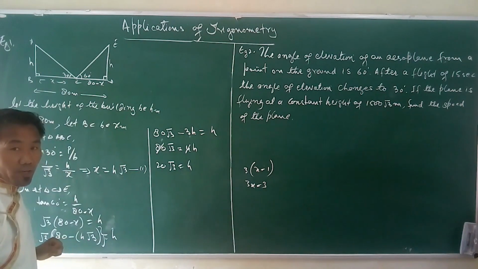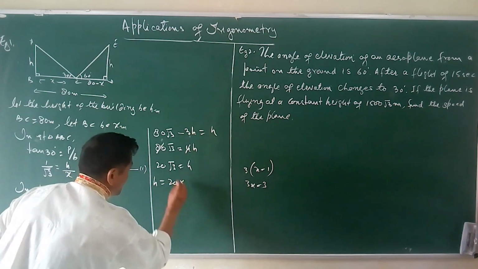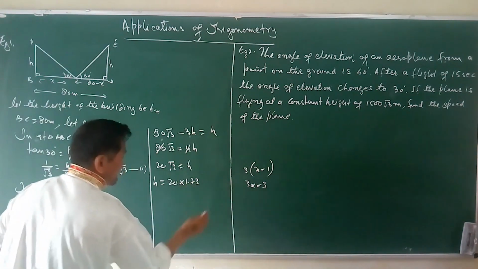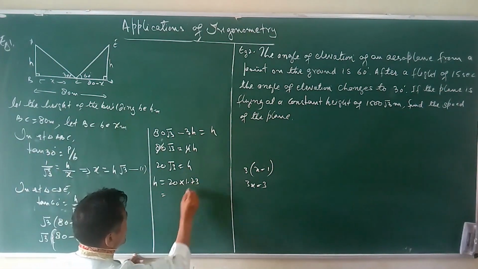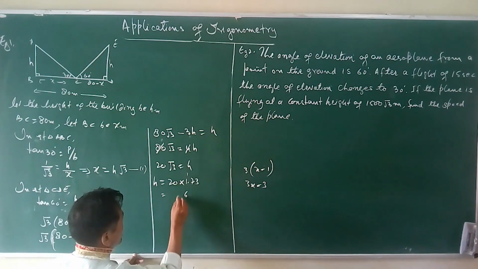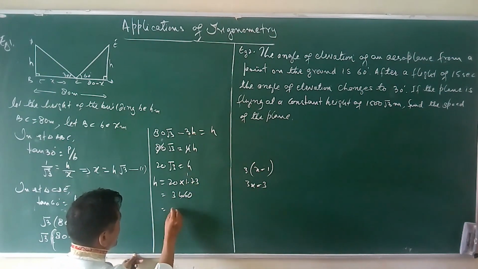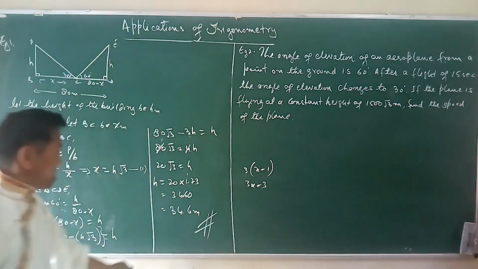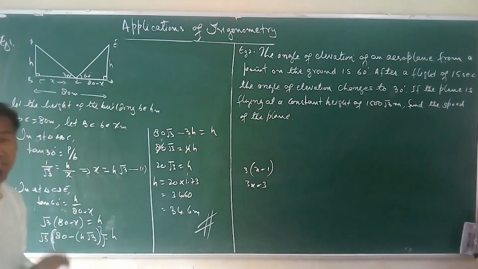The root 3 value is 1.73, so therefore h is equal to 20 into 1.73, which is equal to 34.6 meters. The height of this building is 34.6 meters.